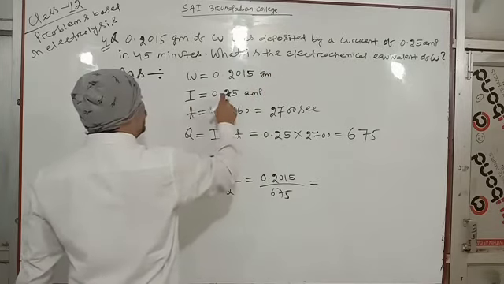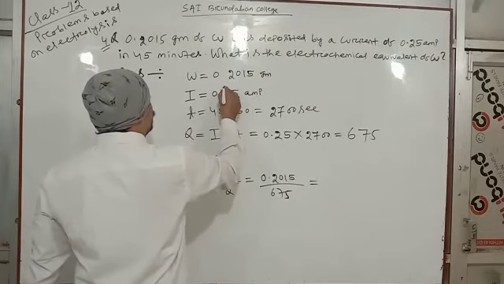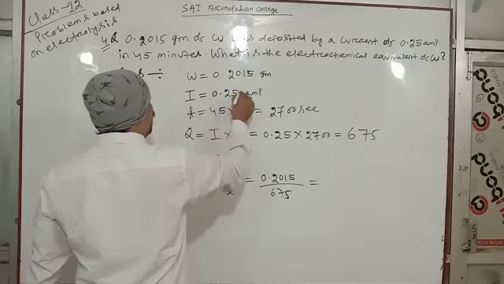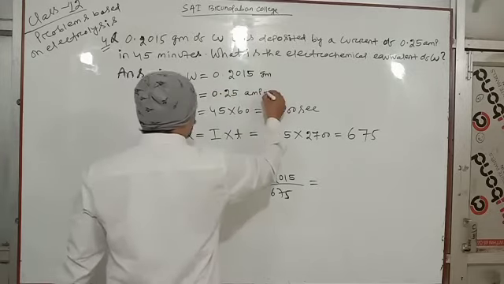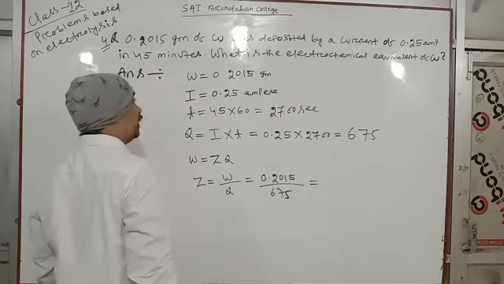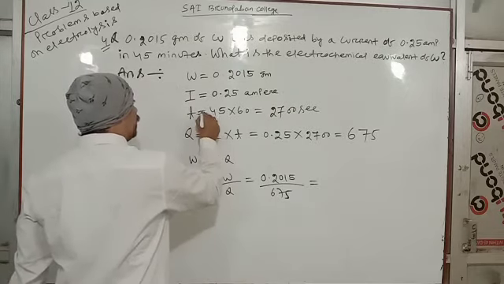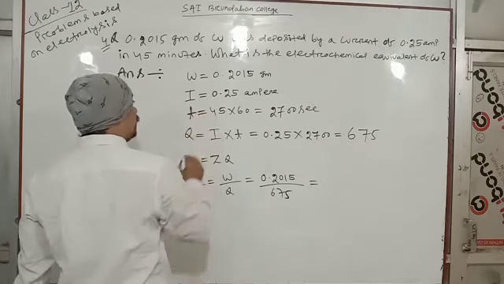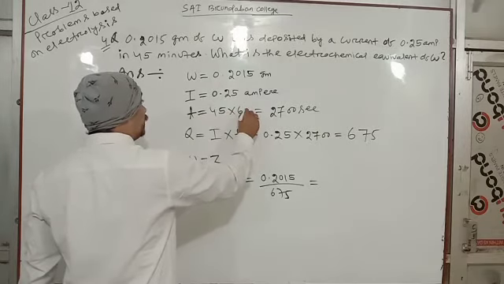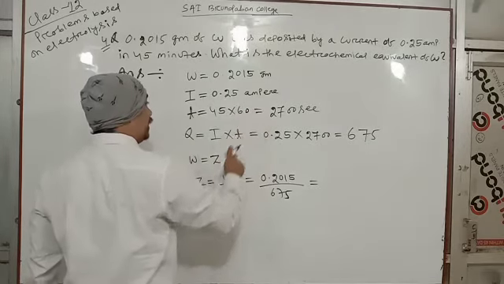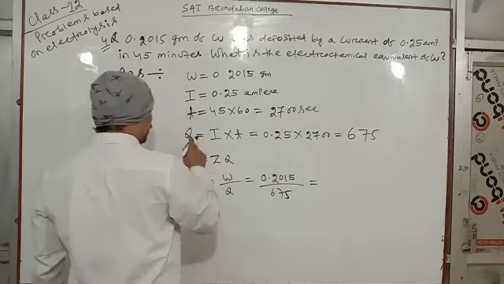Current I is given as 0.25 ampere. T equal to 45 into 60, that is 2700 seconds.